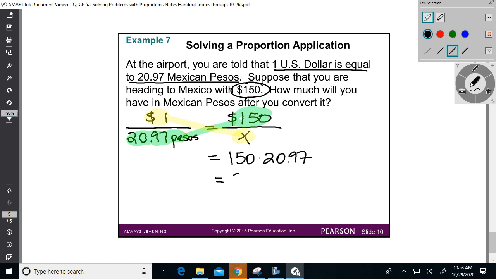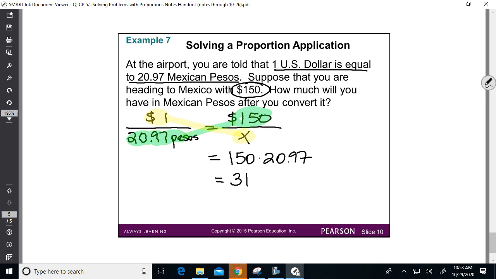You said 3,100. 45.5. Thank you. So that's 1 times x, which is 1x. So divide by 1. 3,145.5 pesos.